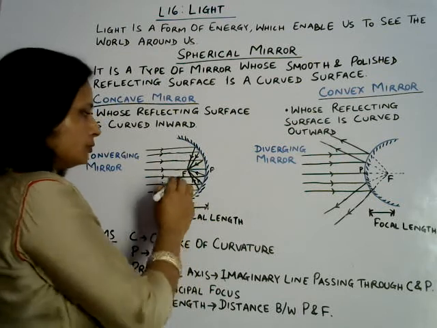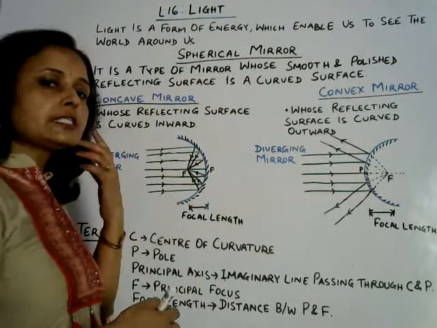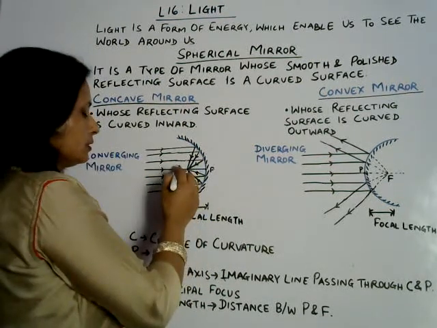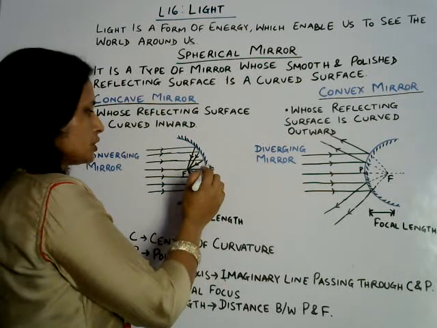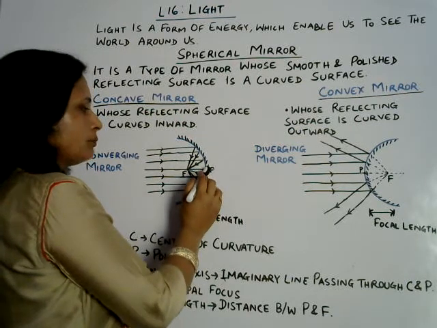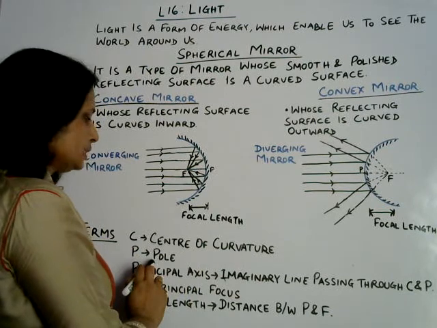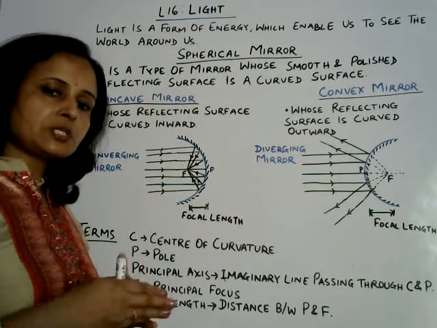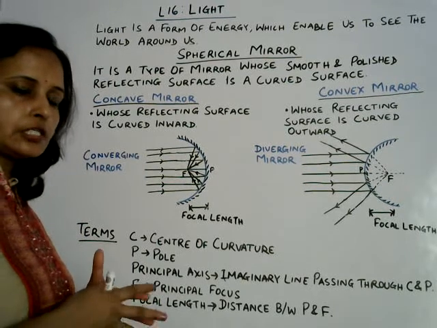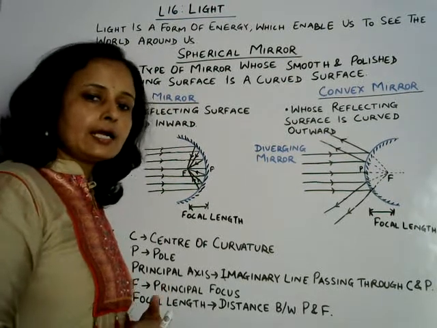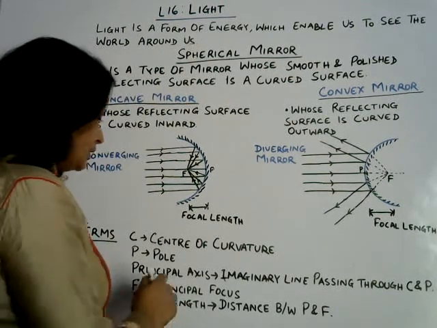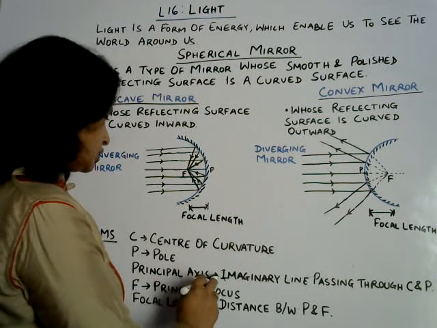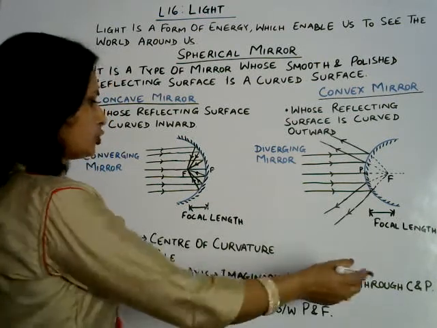The point where that line meets the surface of the mirror is called pole P. An imaginary line that passes from the center of curvature and joins to the pole is called principal axis. Okay, principal axis joins C and P.